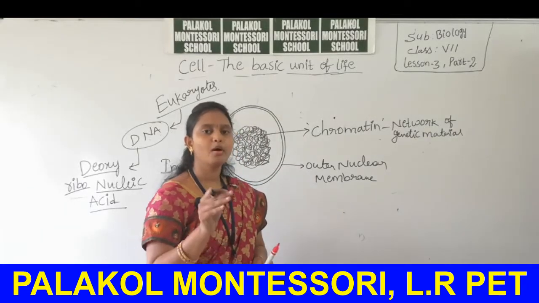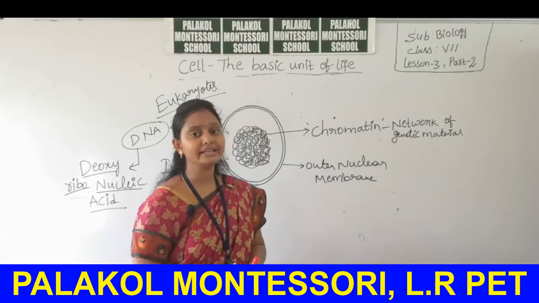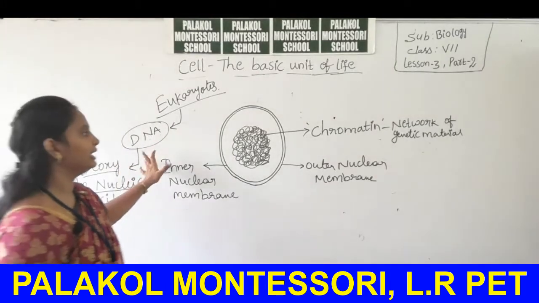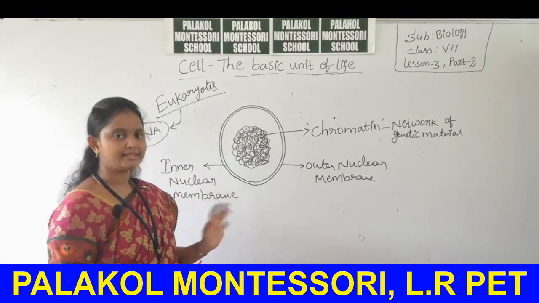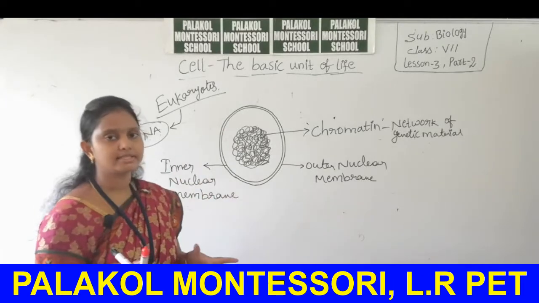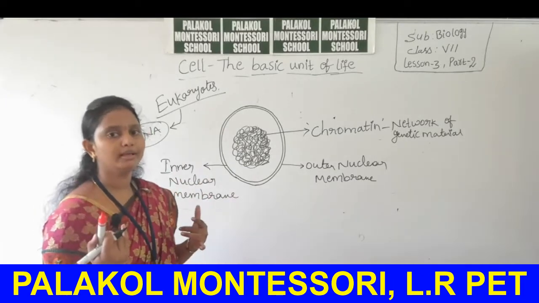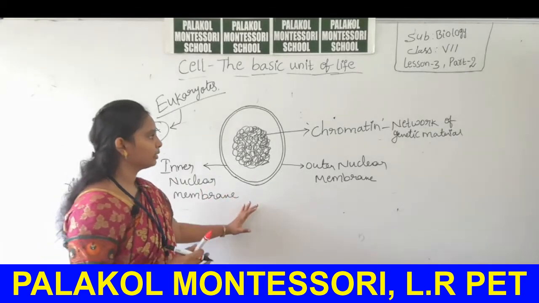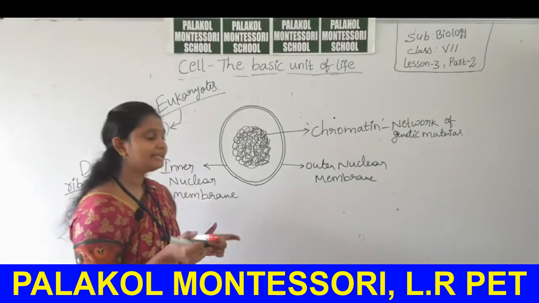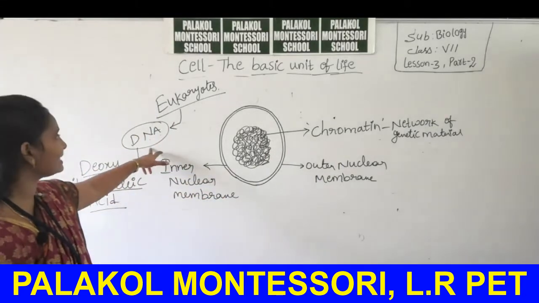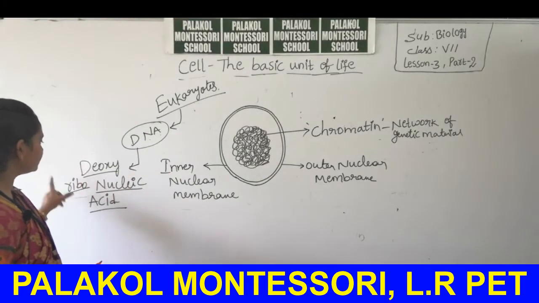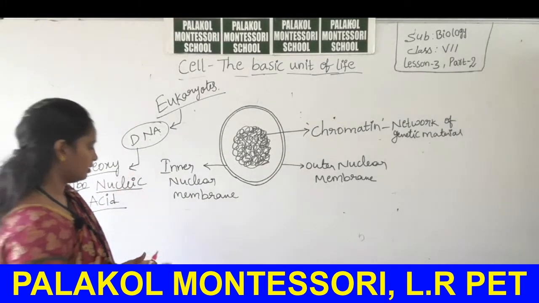Genes are nothing but small heredity-carrying vehicles present in the DNA inside the chromatin. Don't overthink, just follow me and listen. Chromatin is a network of genetic material. Inside that chromatin, what is present? DNA is present. DNA is the abbreviation for deoxyribonucleic acid.